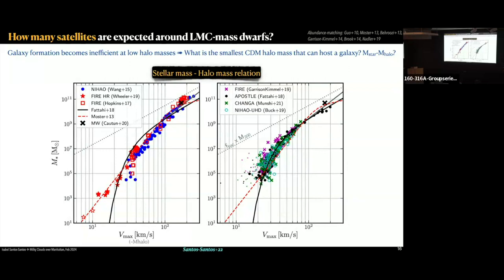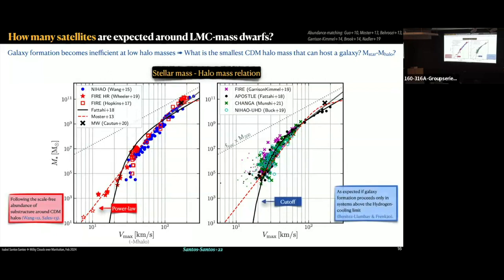On the left-hand side, I've gathered dwarfs that follow a relation that is quite shallow, like a power law. And on the right, I put other simulations, other dwarfs, that follow a relation that's much steeper and has a cutoff at low halo masses. This is the behavior that you would expect in models where galaxy formation can only proceed in halos that exceed the hydrogen cooling limit.